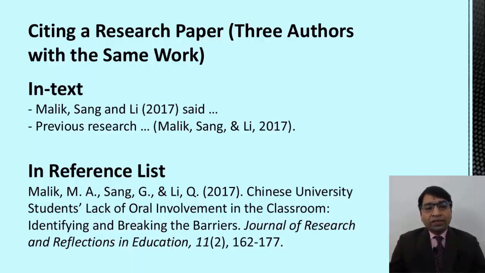For 2 authors, an in-text citation at the end of the sentence was first author, space, and sign, space, second author. But here you see it is first author, comma, second author, comma, and sign.